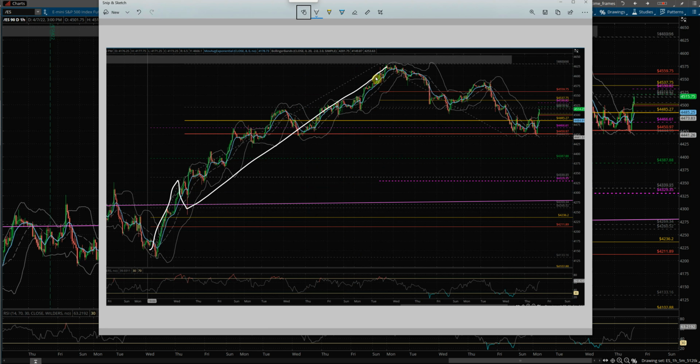And then the question is, if it rolls over from here with 3 waves, it's obviously corrective. So is it going to get a fourth and a fifth wave? This is obviously developed into 3 waves down, right? 1 2 3 4 5 ABC, 1 2 3 4 5.